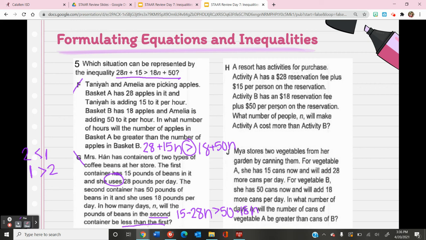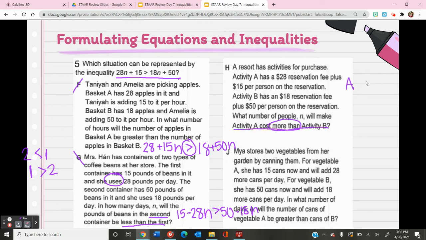Then we have H. A resort has activities for purchase. Activity A has a $28 reservation fee plus $15 per person on the reservation. Activity B has an $18 reservation fee plus $50 per person on the reservation. What number of people N will it make activity A cost more than activity B?